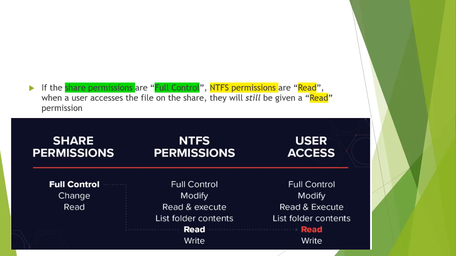But anyway, second example here, just the opposite. If you give somebody full control in share, but then only give them read in NTFS, your net permission is going to be read. That's why I say it's better to just give everybody full control in share permissions, and then inside of the NTFS permissions, get granular with it and lock it down, because you have 6 ways to lock it down in NTFS as opposed to share, which only has 3.